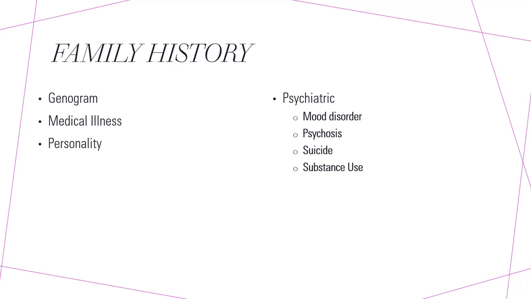Has any blood relative ever had any depression, anxiety, any mania, or any schizophrenia? Have they had any psychiatric hospitalizations? With your younger population, you'll find they really don't know, or if they're adopted, they can't give it to you. Sometimes they just don't know because families don't talk about it.